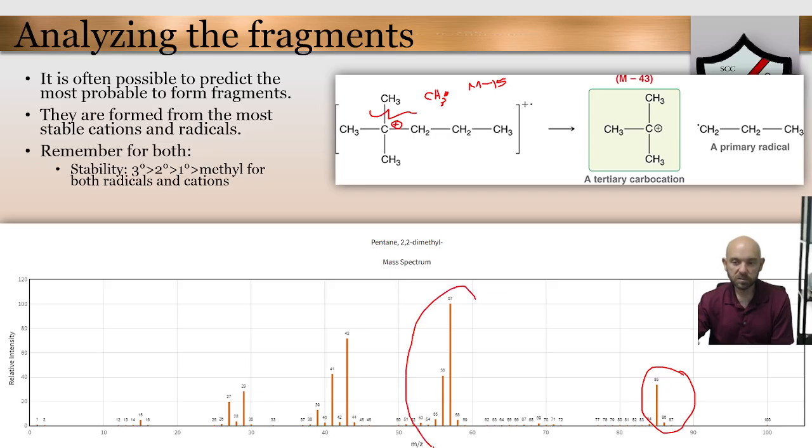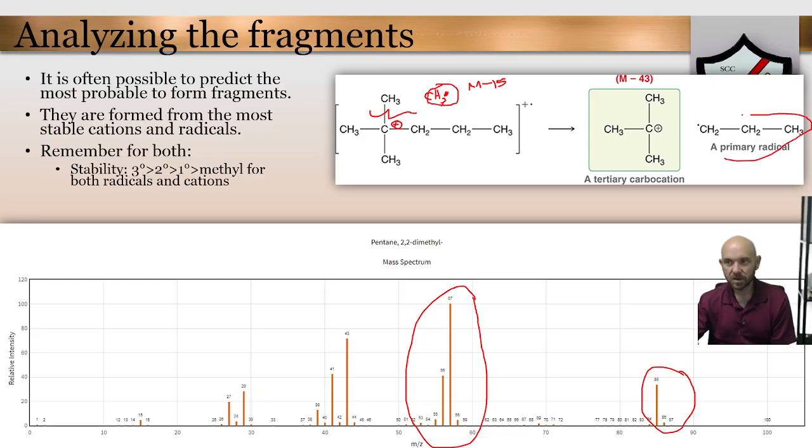But why don't we see as big a peak at m minus 15 as we do at m minus 57? That's because radicals have stability very analogous to carbocations, in that tertiary radicals are more stable than secondary radicals, which are more stable than primary radicals, which are more stable than methyl radicals. In one case we have a methyl radical.